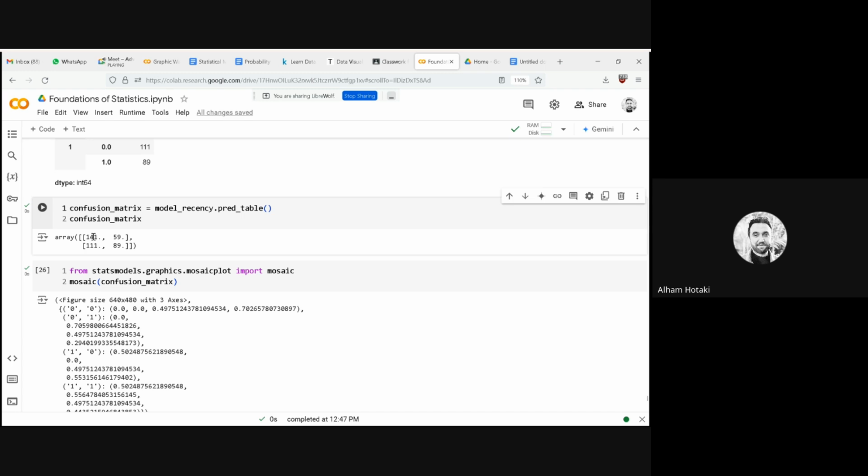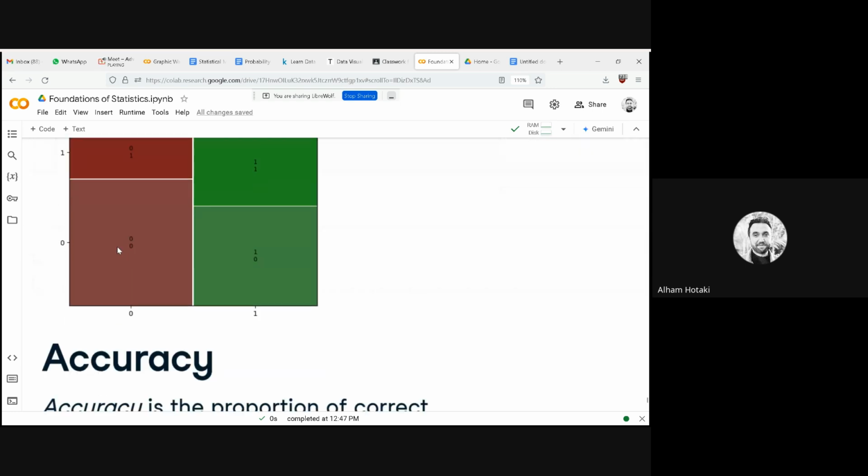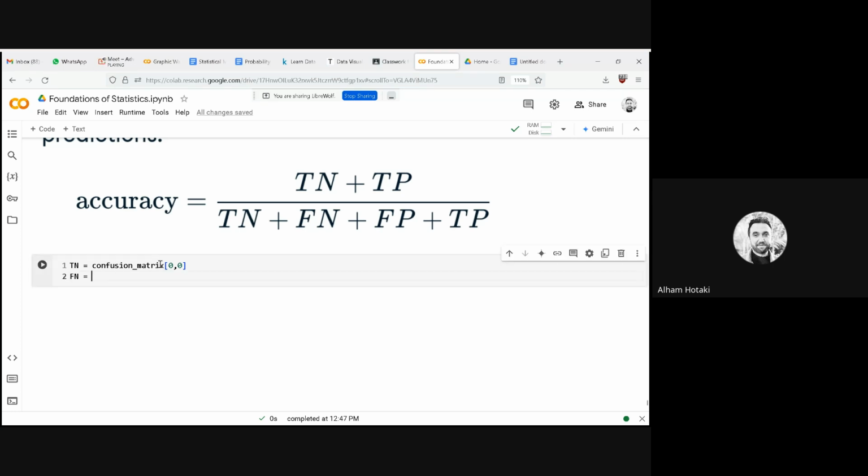This is 0, 0. If you want to go to the false negative, then it will be column 1, row 0. Similarly, the false positive will be 0, 1, and the true positive will be 1, 1.